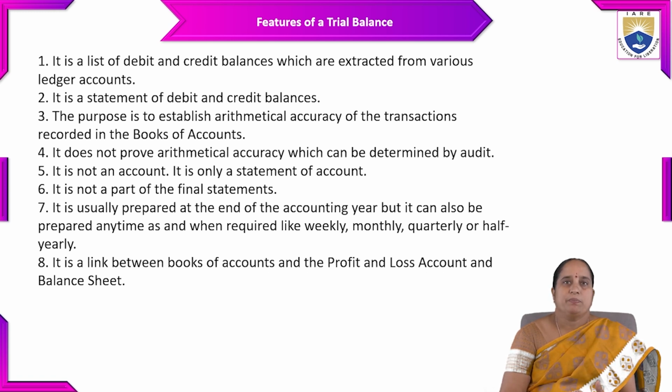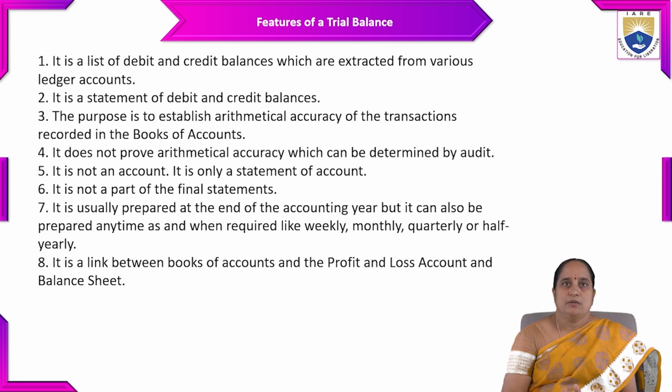It is usually prepared at the end of the accounting year, but it can also be prepared anytime as and when required, like weekly, monthly, quarterly or half yearly. Whereas the final statements, companies prepare only once, at the end of the financial year, because they want to know the overall financial performance of the company.